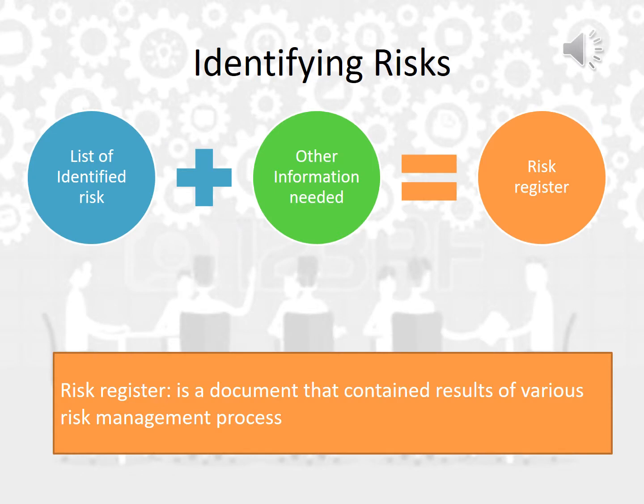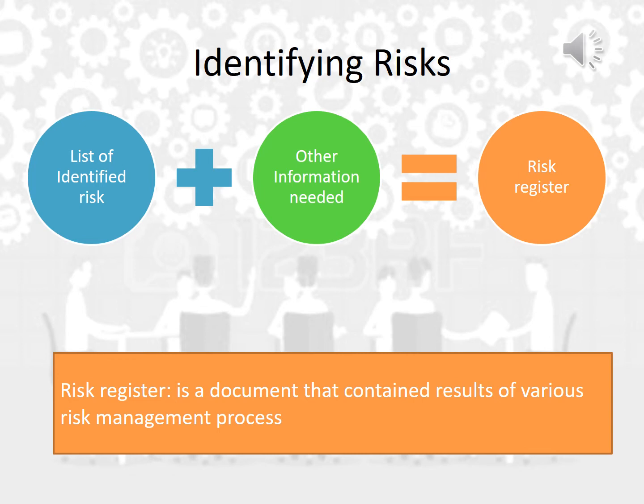Let us recall some information we explained in lecture 10, slide number 6, which is the output of the identifying risks process. The output should be the risk register. What is a risk register? A risk register is a document that contains results of various risk management processes.